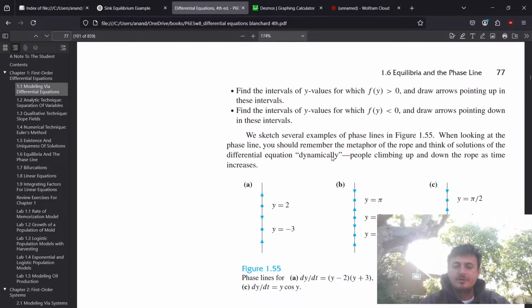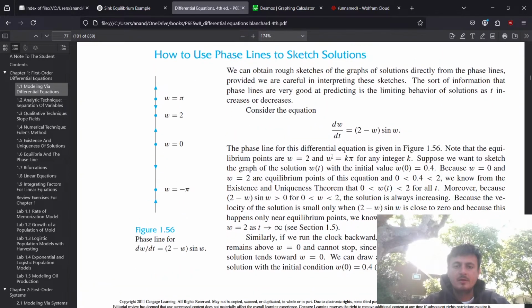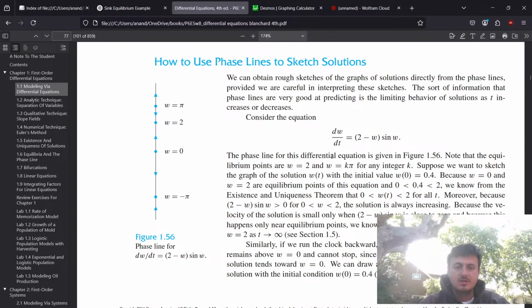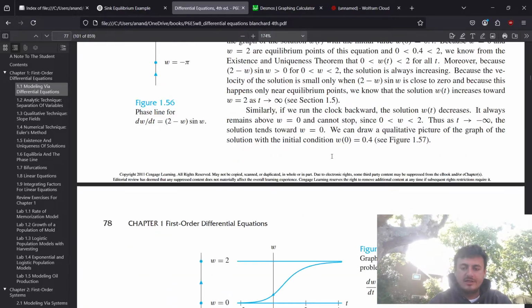Okay, so how to do it. Here's a little algorithm for how to use them to sketch solutions. You basically just extend it out and then you just draw lines, baby.